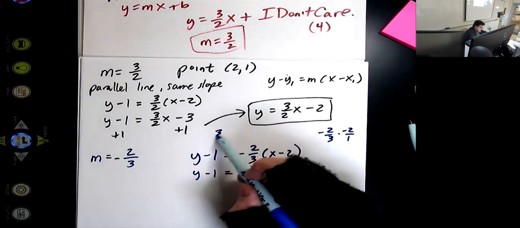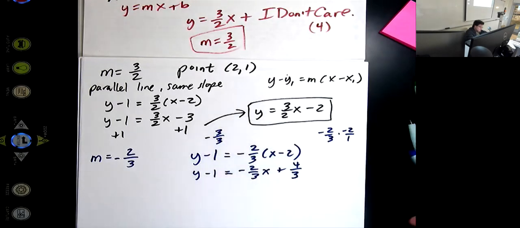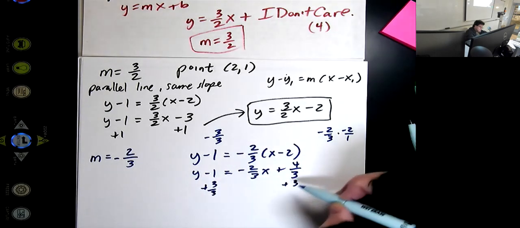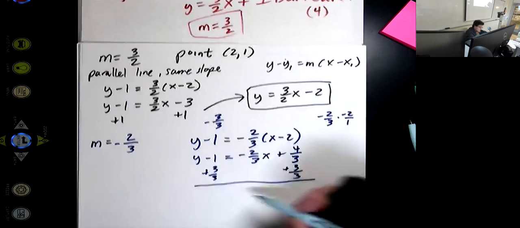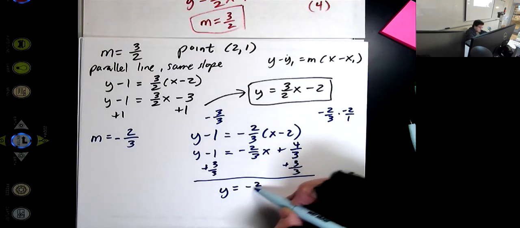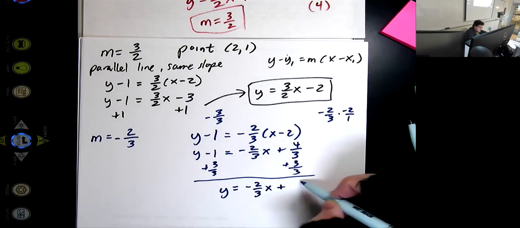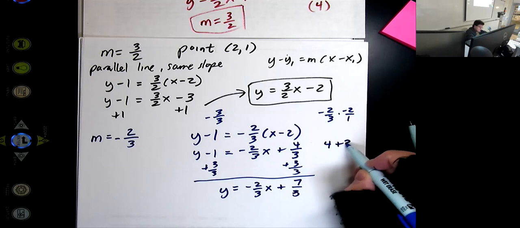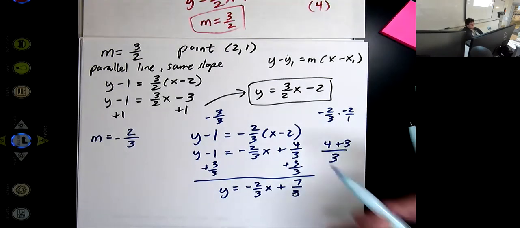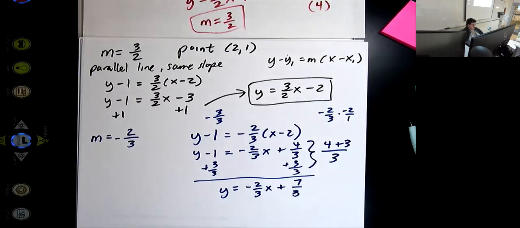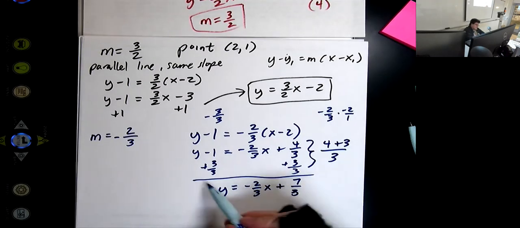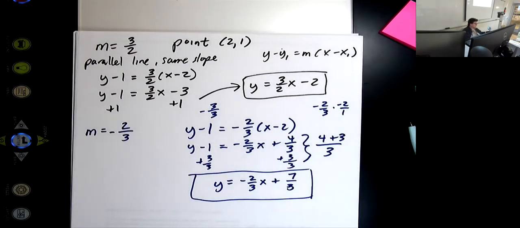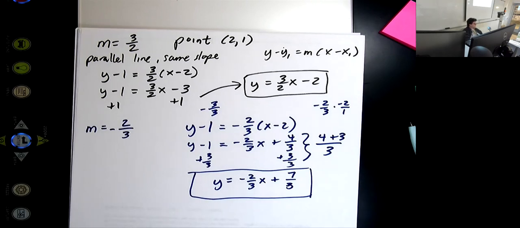I can rewrite this negative 1 as negative 3/3. So I'm going to add 3/3 to both sides. And I get y equals negative 2/3 x plus 7/3. When you're adding fractions with a common denominator, you just add the tops. That's the line perpendicular to that other line. And if you graph it, you'll see it.